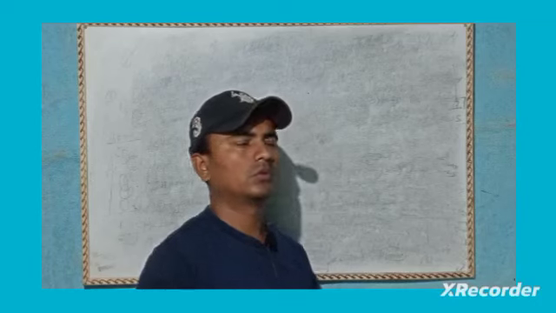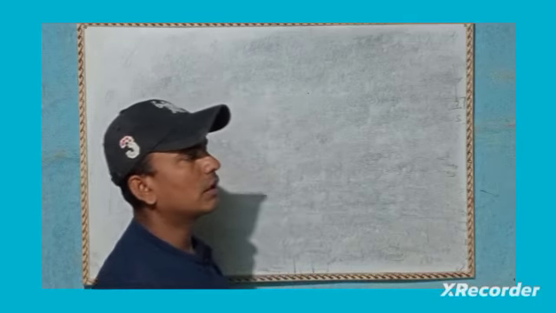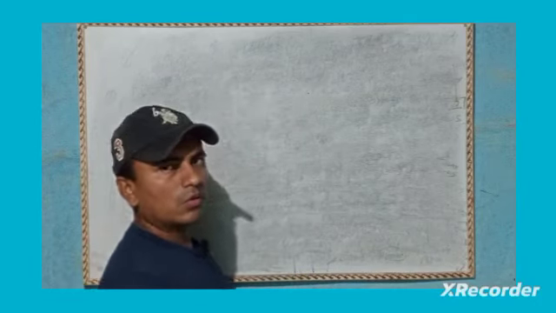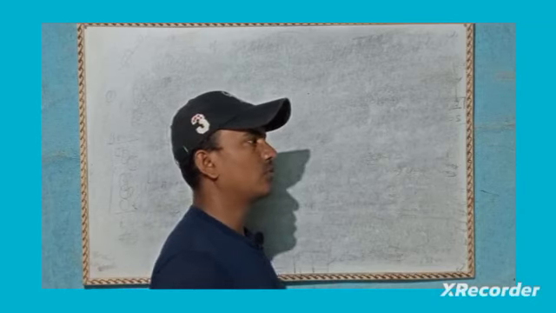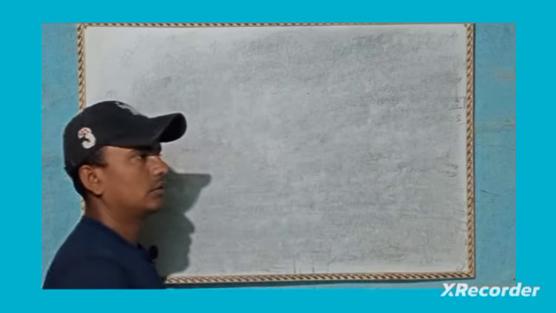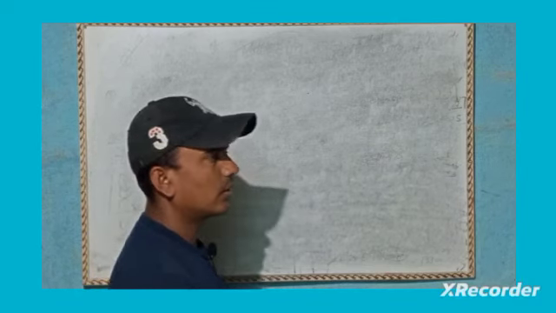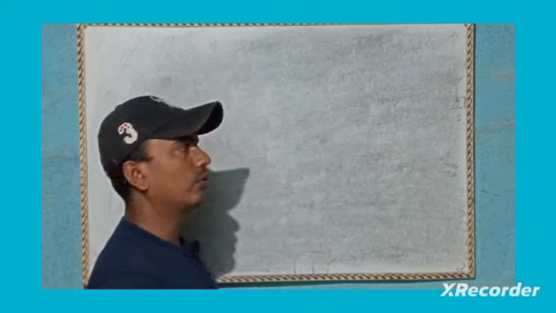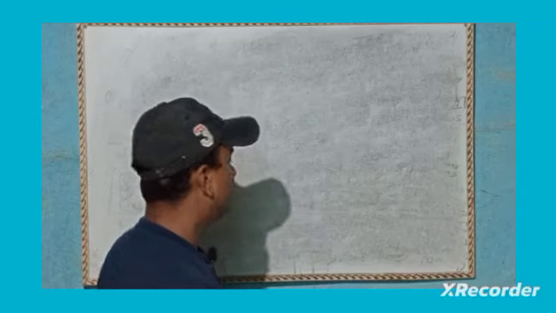Today we will start Ohm's law. Before starting, for 5 to 6 minutes I will revise the potential difference concept and then go to the main topic, Ohm's law. Okay.